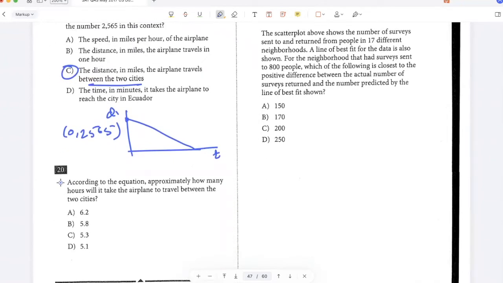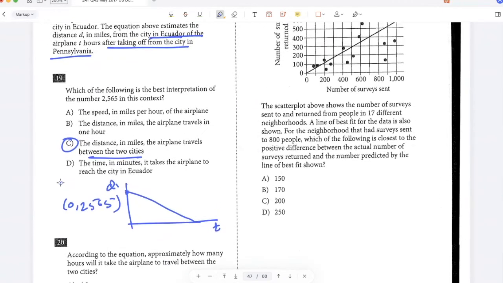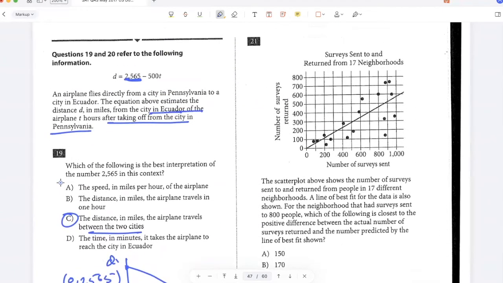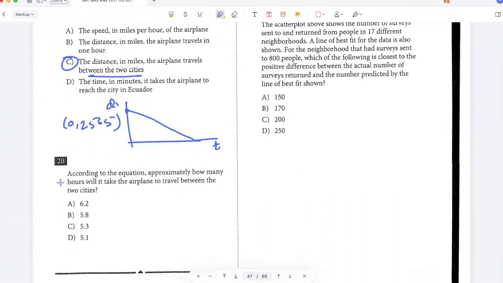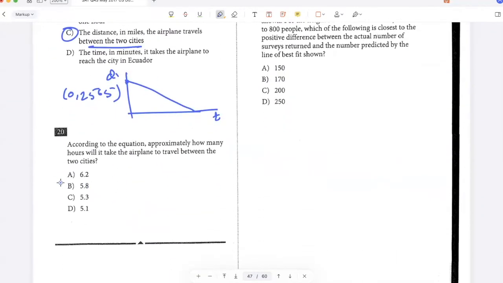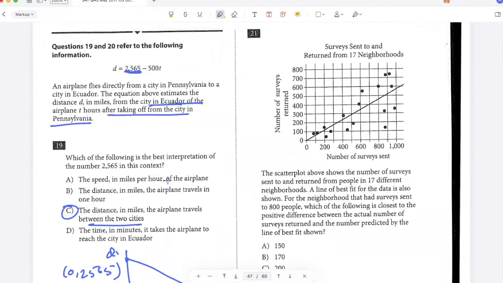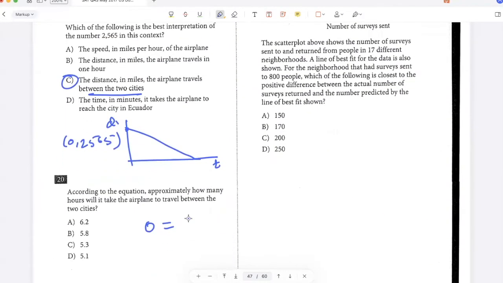According to the equation, approximately how many hours will it take the airplane to travel between the two cities? Right. So t is in hours, right? So for traveling between the two cities, the distance between the two should come to 0. So 0 is 2565 minus 500t.